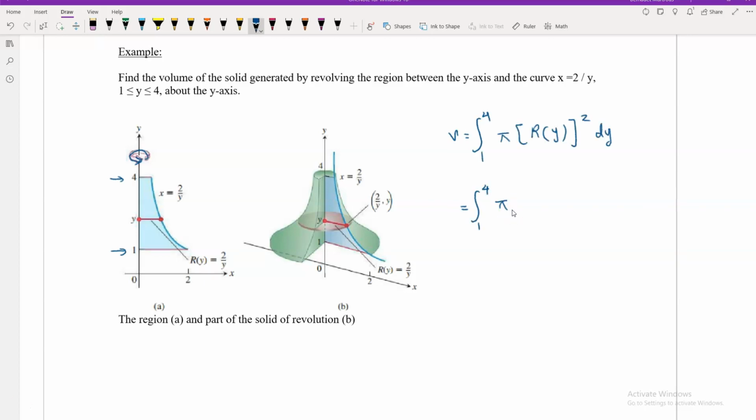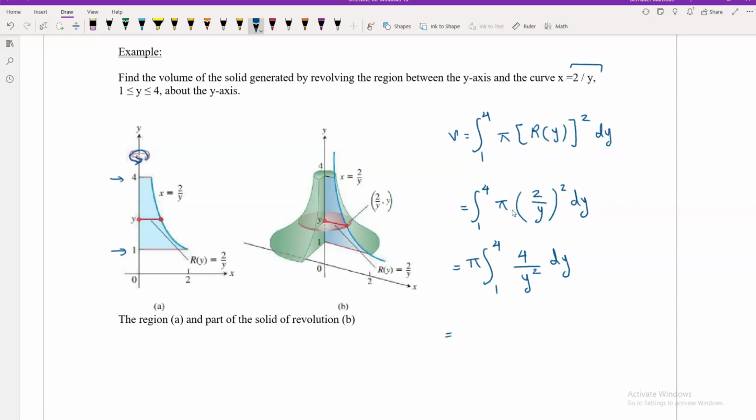pi times ry squared, and our ry is 2 divided by y. So here, x equal to 2 divided by y. This one is ry squared times dy. So this is equal to pi times the integral of 2 squared divided by y squared times dy.